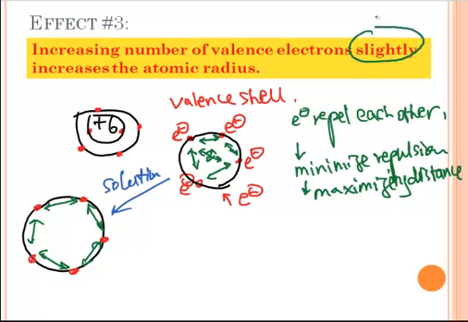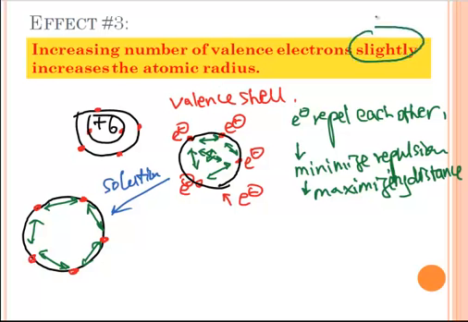Effect number 3, no, because on the valence shell you always have 1; they're identical. Effect number 2 will make the radius smaller, but effect number 1 will make it much bigger.